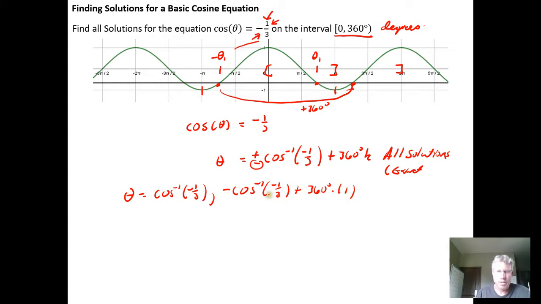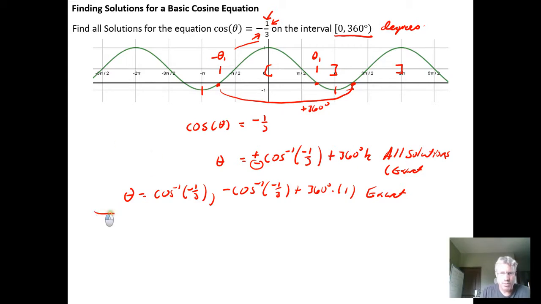And this is going to give us the other answer. These would be exact. If you needed to approximate them, you could just step into your calculator and get the approximation. You just need to check and make sure you're in degree mode, not radian mode.